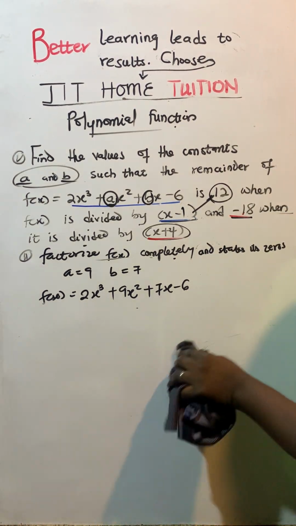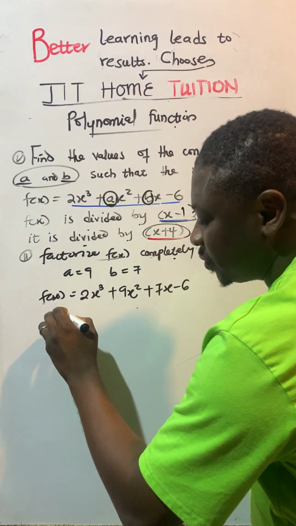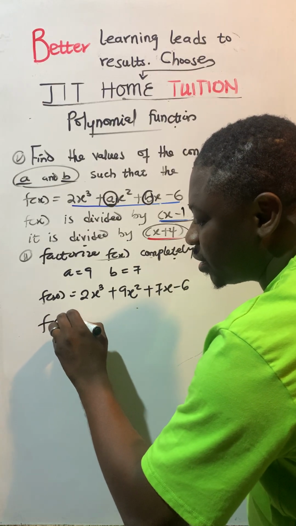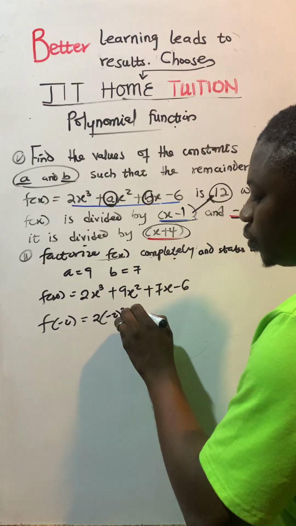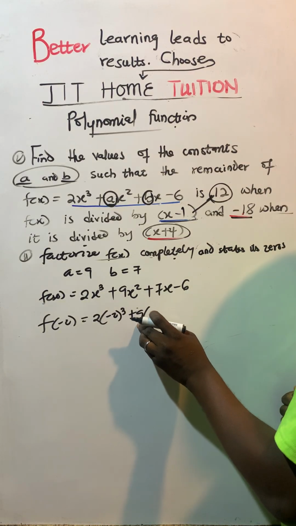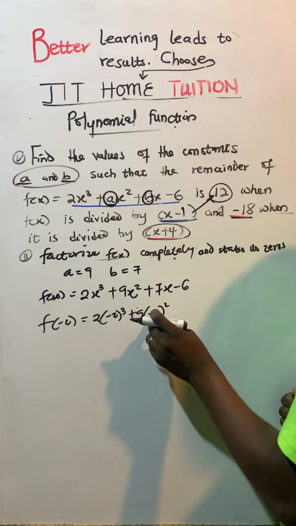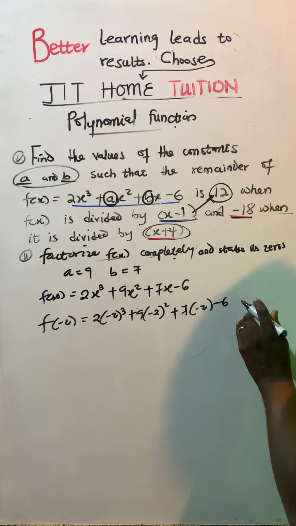So immediately you get to know the value, you can write negative 2 here. You test it out: 2 cubed plus 9 times 2 squared, plus 7 times 2, minus 6.